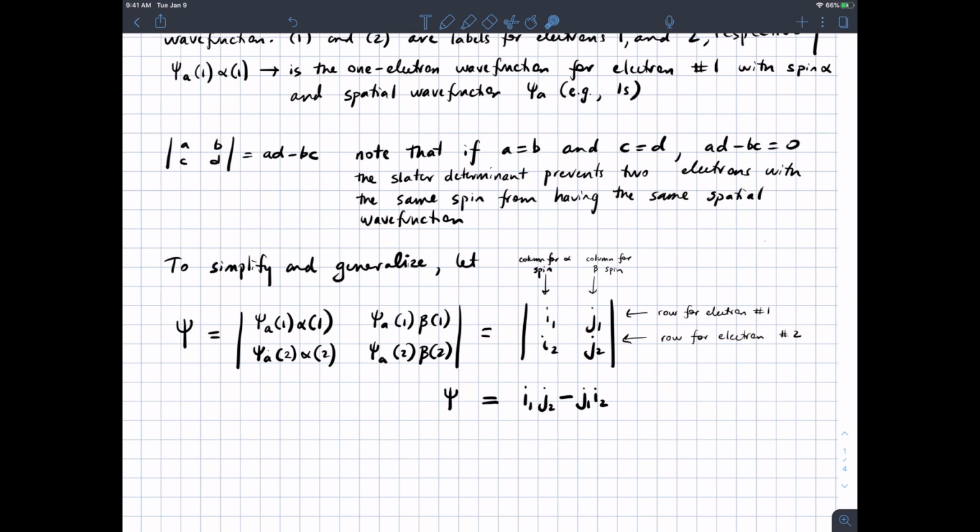And remember, we're using these subscripts 1 and 2 as sort of artificial labels for electrons, which we of course can't actually do, but doing this makes sure we keep the Pauli principle. And then if you evaluate the determinant I1 times J2 minus J1 times I2, that would be how we would write a wave function for this molecule.